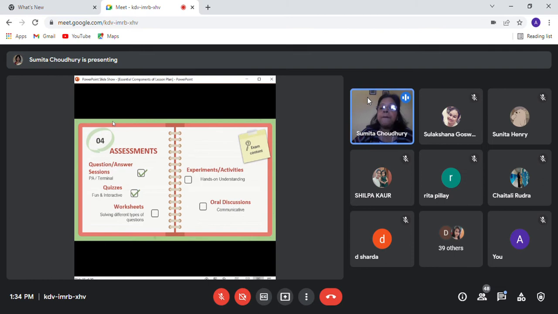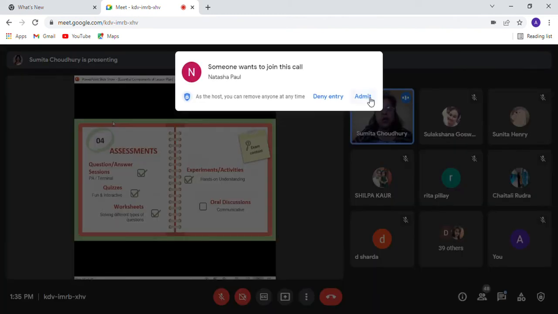This can be analytical or activity based, like word search, scrambled words, crossword puzzles, picture based questions. Then after, experiments or activity. It helps us evaluate how much a student is able to apply his or her theoretical knowledge into the real world.